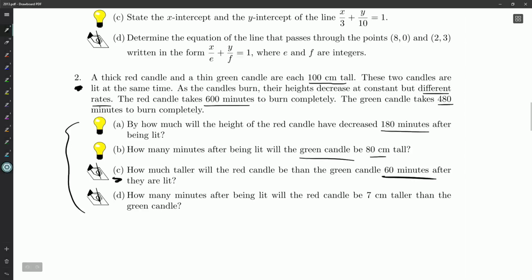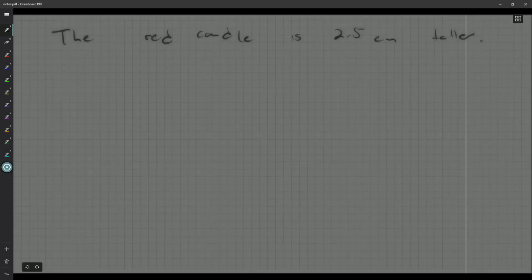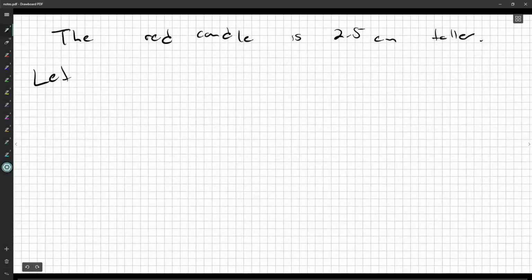Okay, and then D, how many minutes after being lit will the red candle be 7 centimeters taller than the green candle? Okay, I don't know how much time, so let's say let T equal the time in minutes. Okay, and we want how many minutes after being lit?